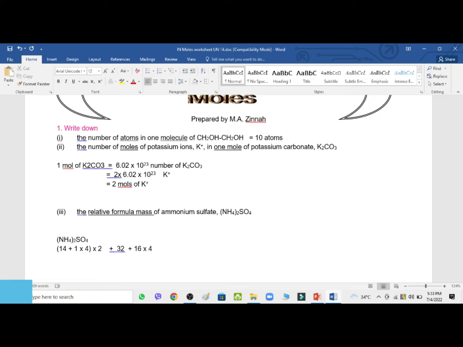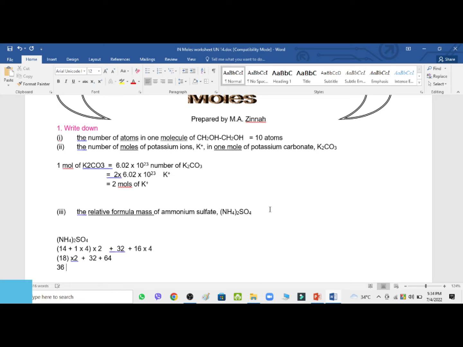What do we get together? Within the bracket first, I calculate: 14 plus 4, 18. Then 18 times 2, plus 32, plus 16 times 4, which gives you 64. 18 times 2 gives you 36.